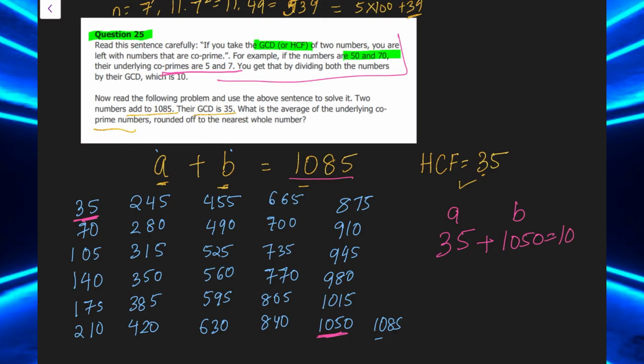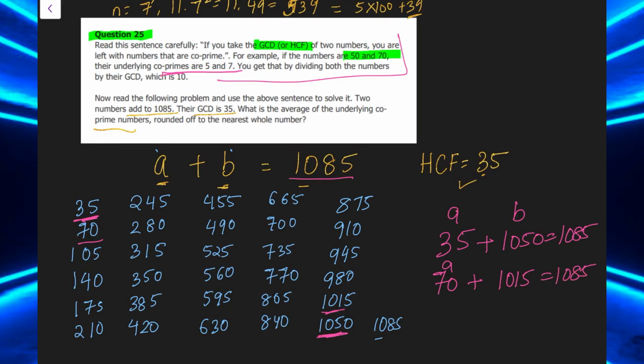So the first pair we tried worked for us. But if you pick the second number, 70, as your A, you need 1015 more, and that is also on the list.